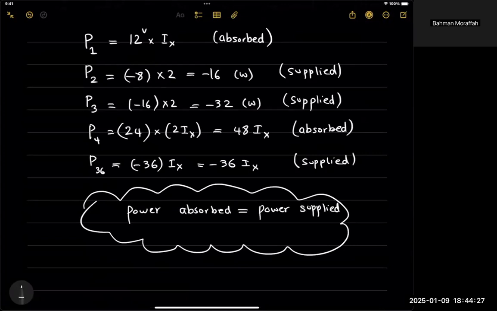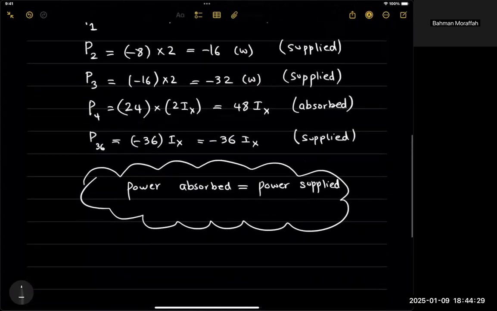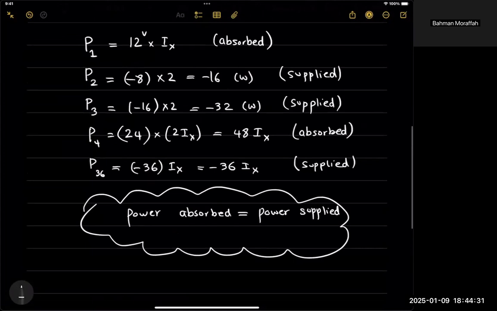So if I use this formula, I have all the absorbed, 12 times Ix plus P4, which is 48 Ix. That should be the same as all the power supplied, which is 16 plus 32 plus 36 Ix.